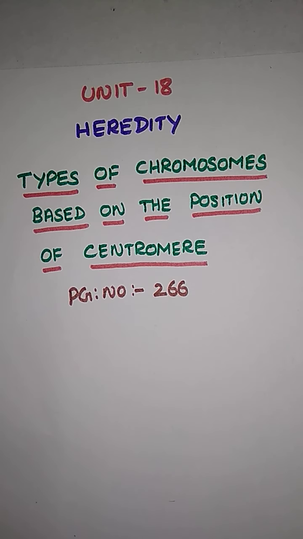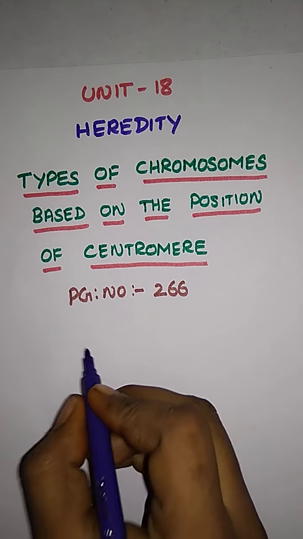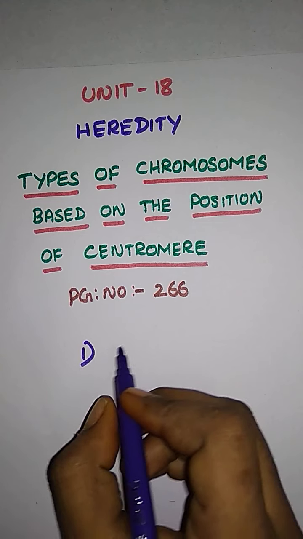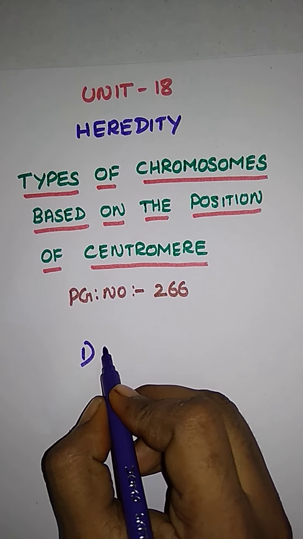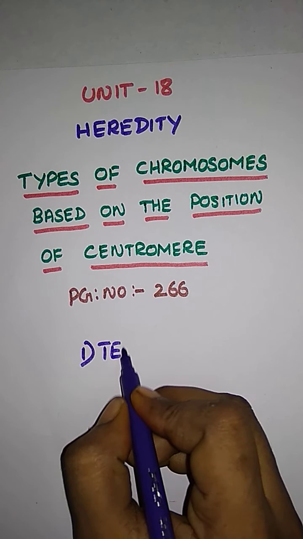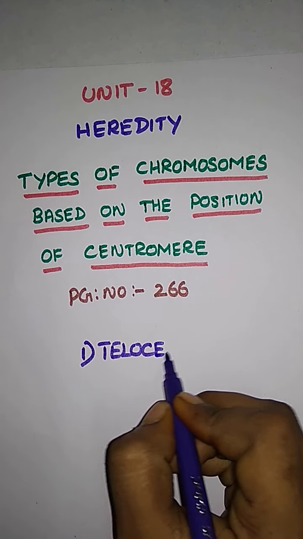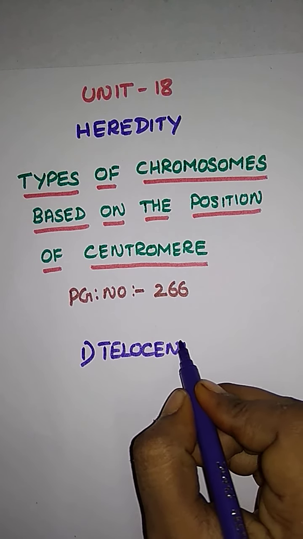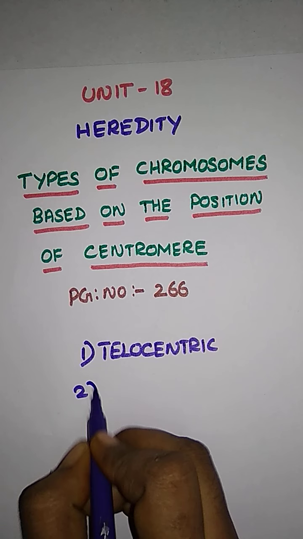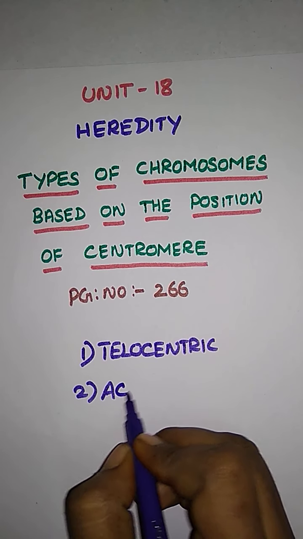First, based on the position of a centromere, chromosomes are classified into 4 types. First one is the telocentric. Next one is the acrocentric.